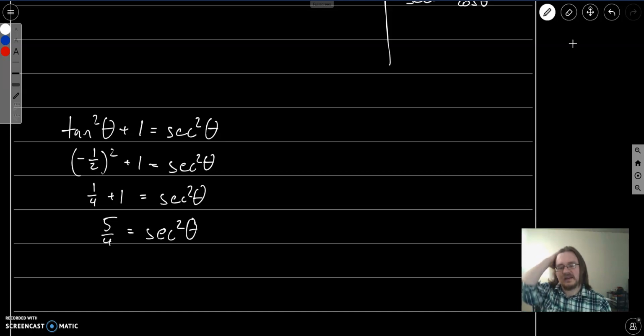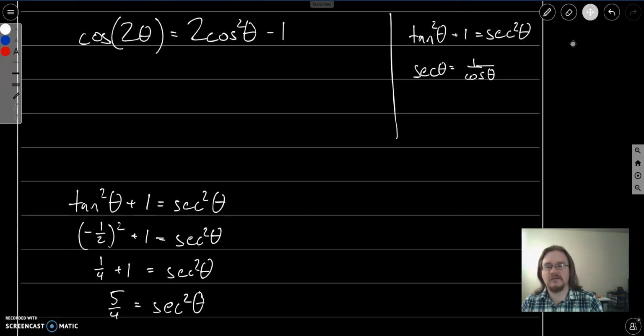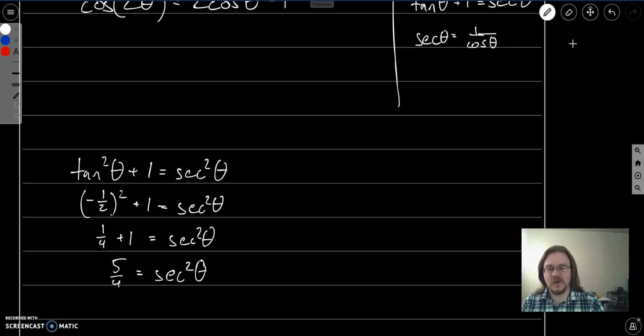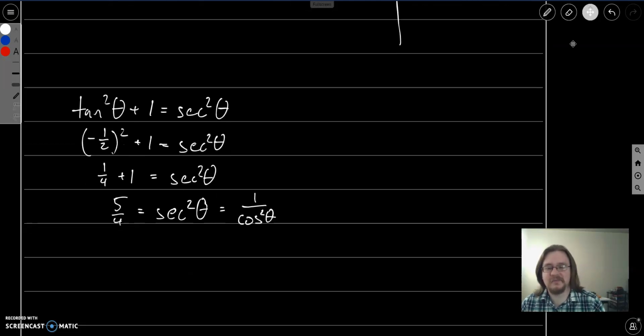Now here, I'm not looking for the secant, was I? I was looking for the cosine. And secant is just 1 over the cosine. So a secant squared is 1 over cosine squared. So here, I can even skip a step and just take the reciprocal of both sides.